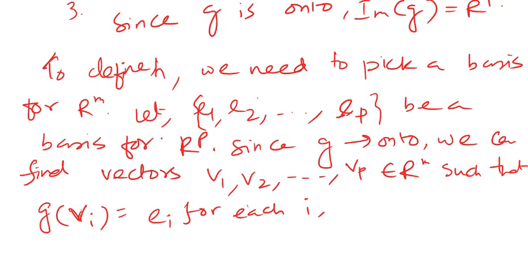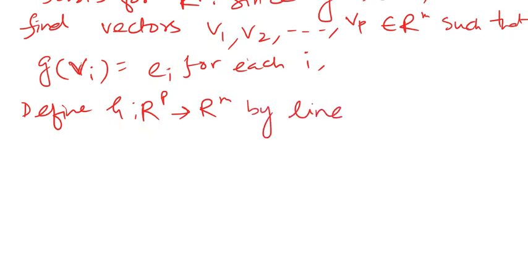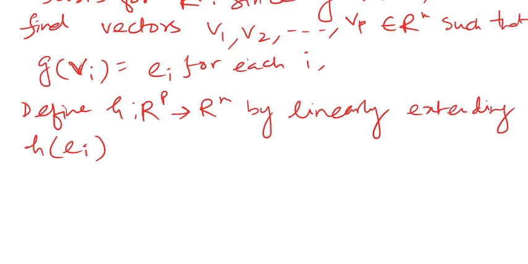And to define h: R^p → R^m by linearly extending h(ei) equals vi.